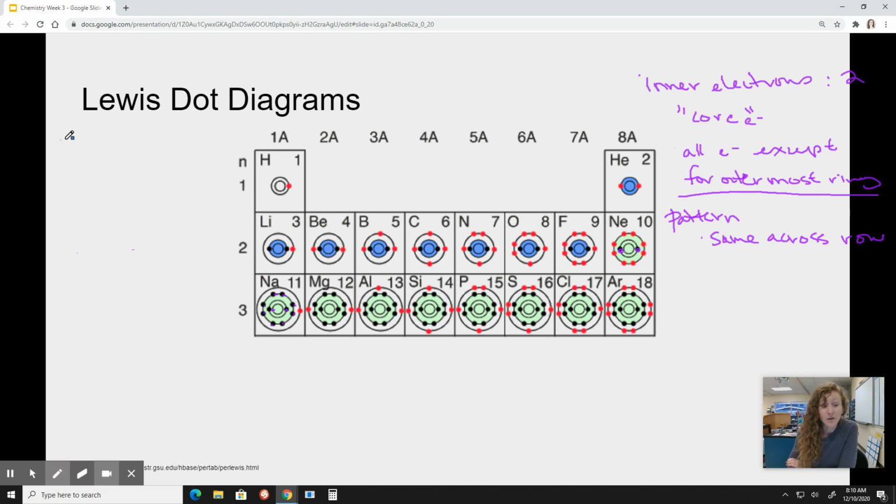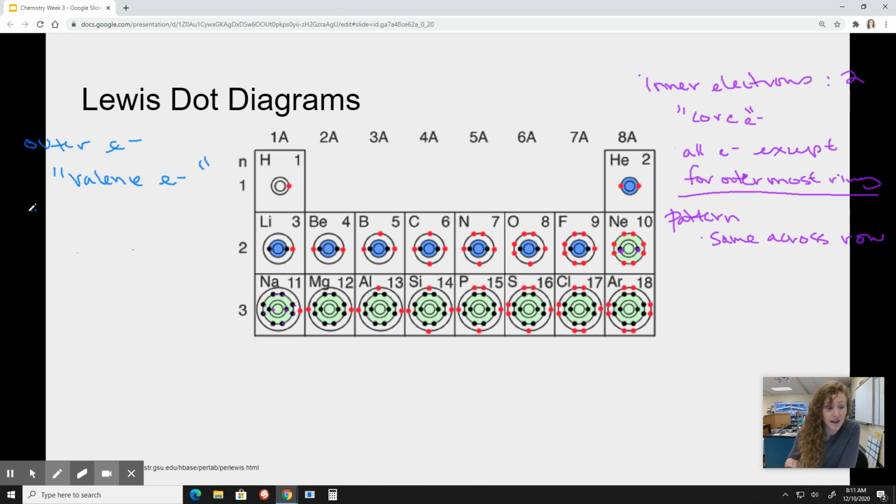Now, those outermost electrons have a name too. We're going to call them valence electrons. So we have core electrons on the inside, and then that outermost ring is called the valence electrons.